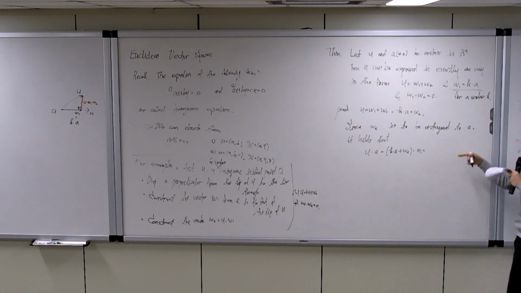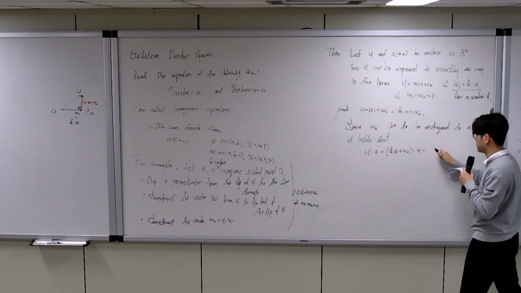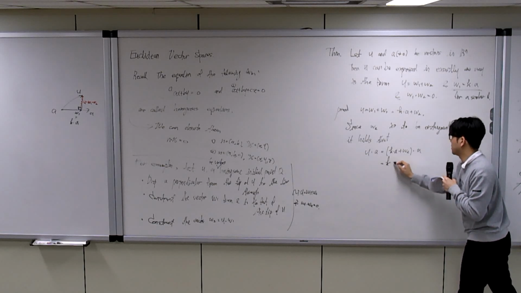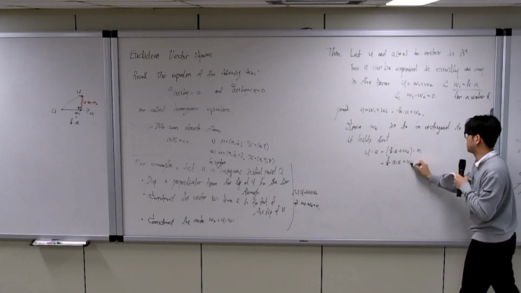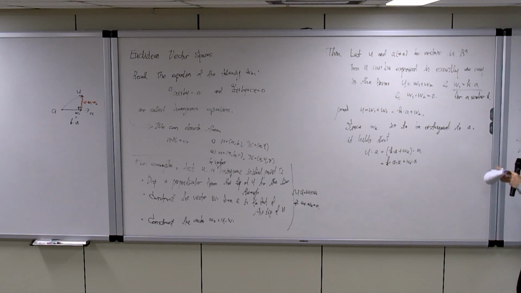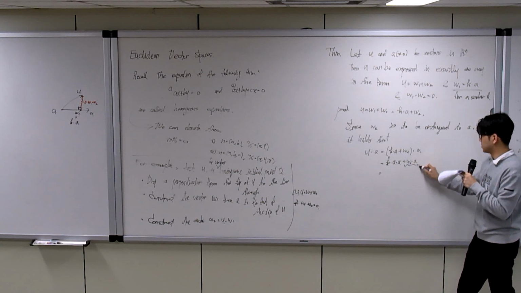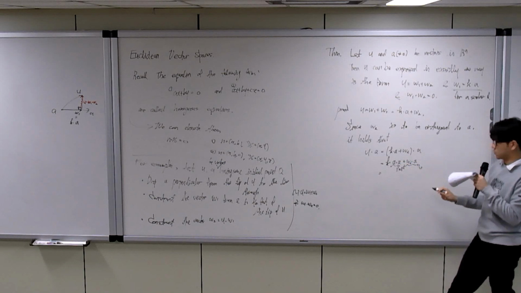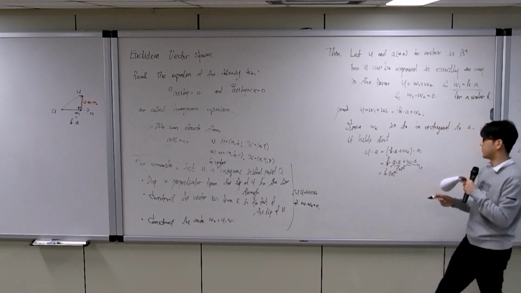We have the distribution rule, so it can be written k a dot a plus w2 dot a, and we know that w2 dot a is 0. So it is the same as the norm of a squared, and it can be written k times the norm of a squared.